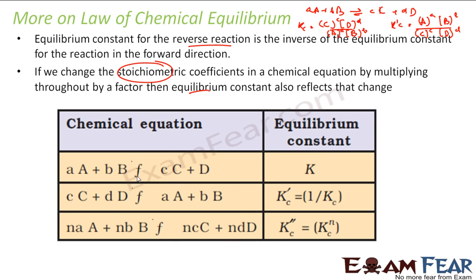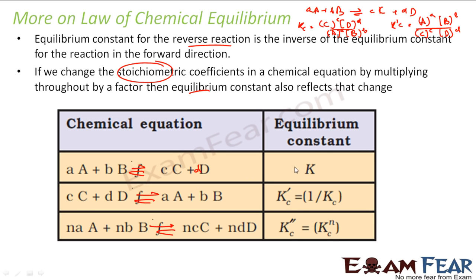For example, if you see, this is my chemical reaction, aA plus bB gives cC plus dD.